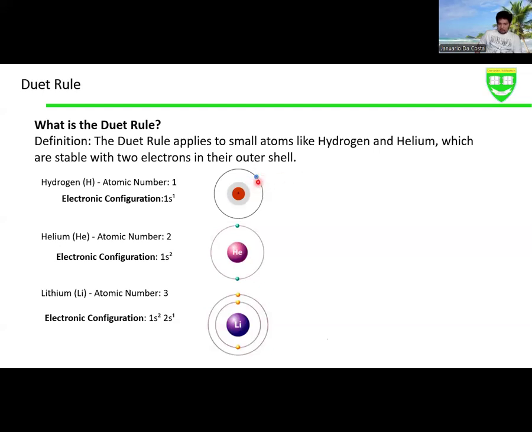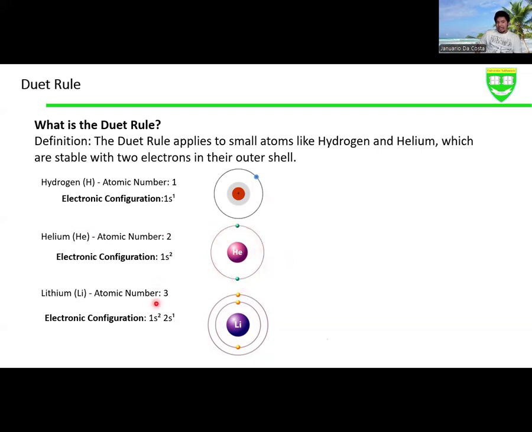And then the same thing with helium. Helium is a noble gas, right? It has an atomic number of 2. The electronic configuration of helium is simply 1s2. So you will say that helium has 2 electrons in its outermost shell. So this is 2 electrons, right?